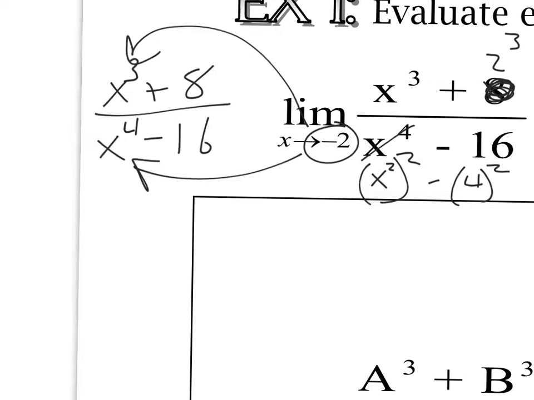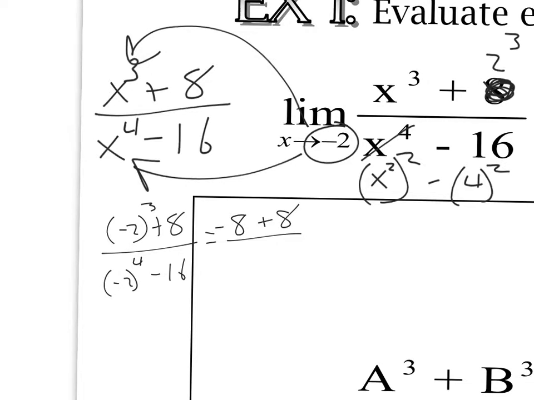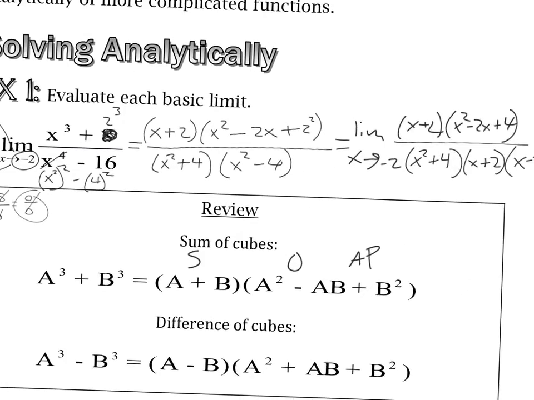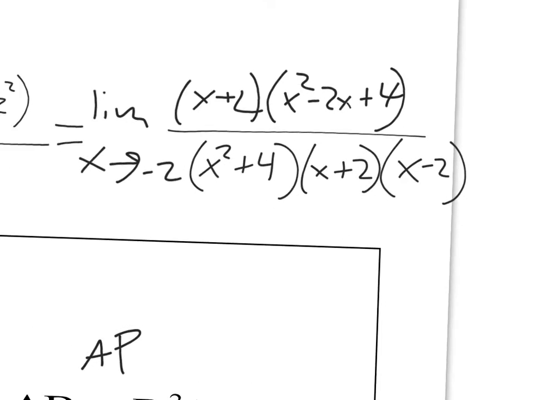So you would have had -2 cubed plus 8 and -2 to the 4th minus 16. Well, -2 cubed is, sorry, -8, but -2 to the 4th is positive 16. And so you end up with 0 over 0, which is undefined, and so we can't evaluate it using direct substitution. That's usually what we want to do first. I just already knew that you couldn't do that, so I skipped it. I apologize.